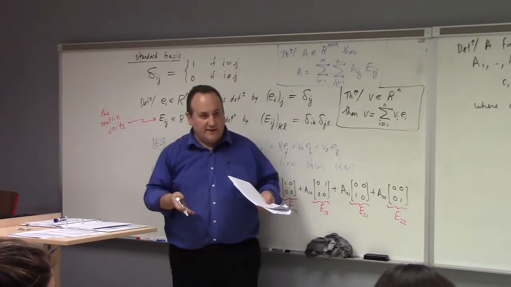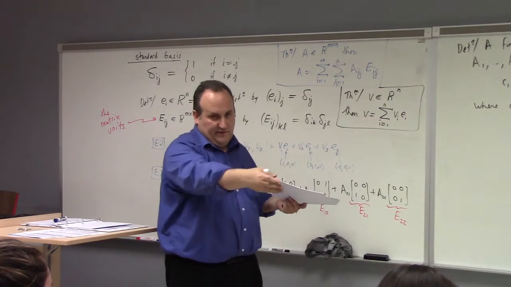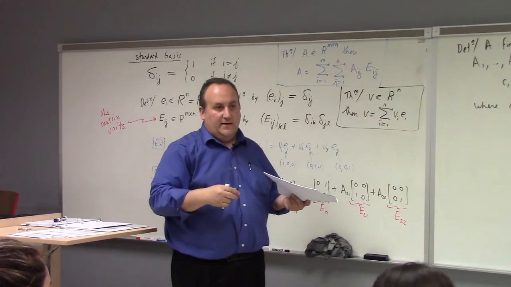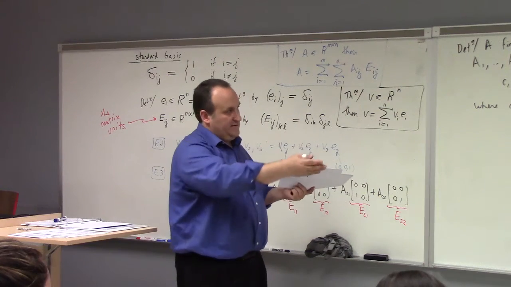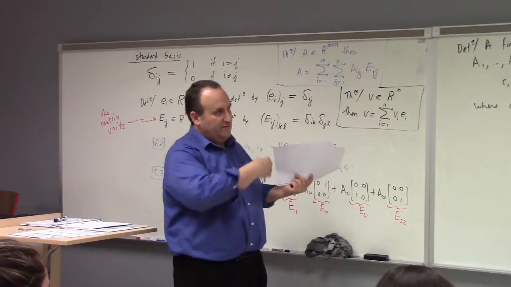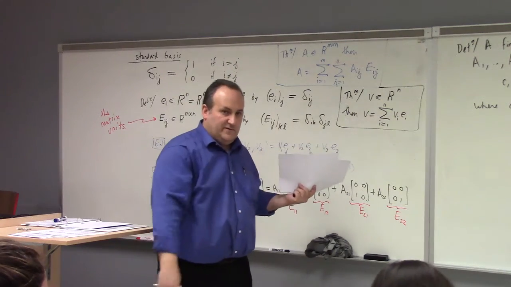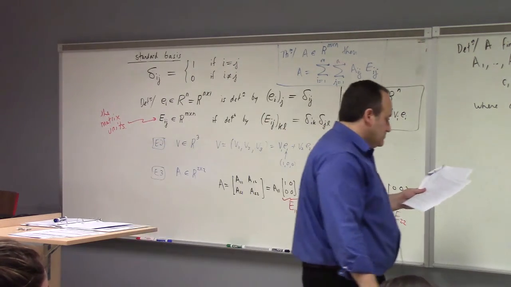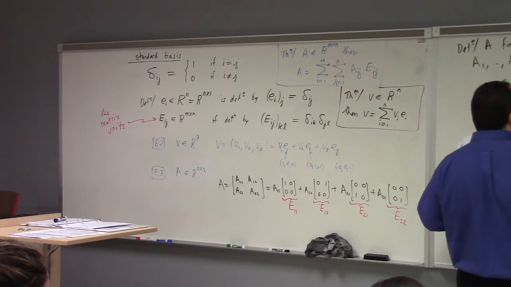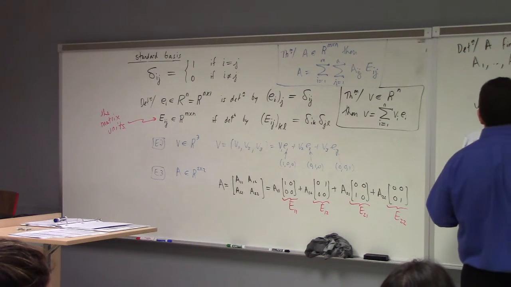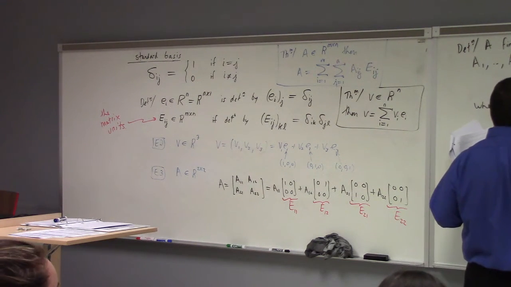If we're talking about a real linear combination, we would be using real coefficients. A complex linear combination would have complex coefficients, a rational linear combination, rational coefficients, a Z3 linear combination, Z3 coefficients, for each i.